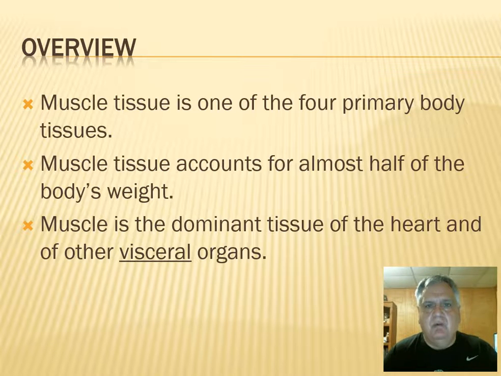Remember, visceral organs are those organs that are inside your body. Organs that function entirely and are located entirely inside the body, particularly in the abdominopelvic cavity, are all considered to be visceral organs. Muscle tissue is the dominant tissue of the heart, which is a visceral organ, and other visceral organs in the body.